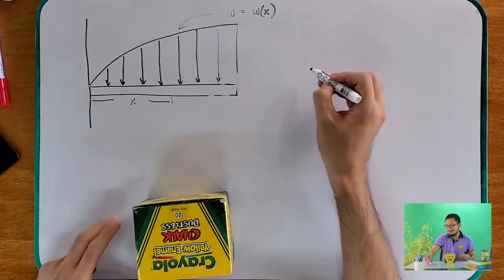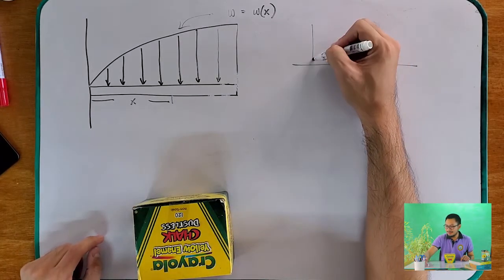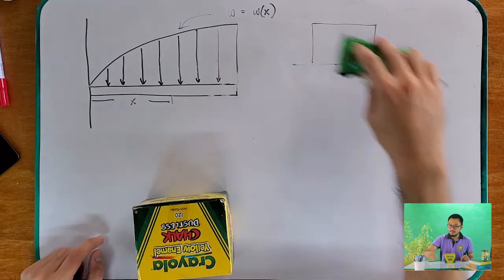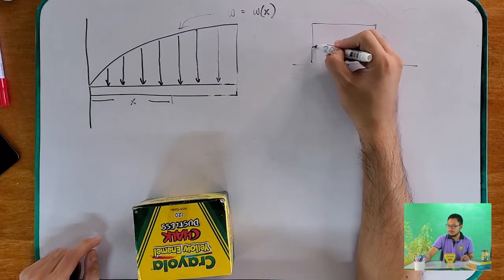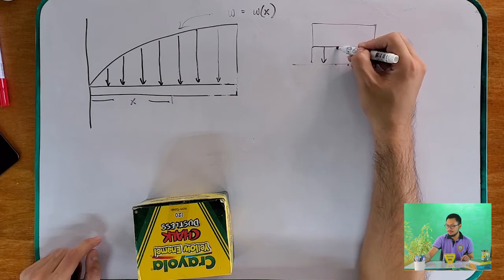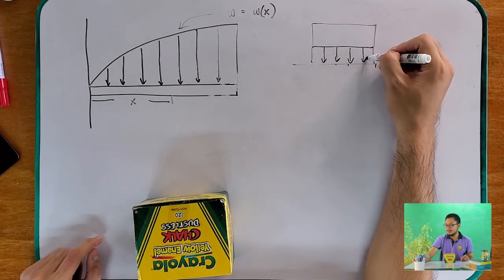This one is a distributed loading because if you're going to look at the side, so this is your chalk box, and mauni ang imong loading sa imong chalk box. This is distributed because the load is distributed on the area of the box.